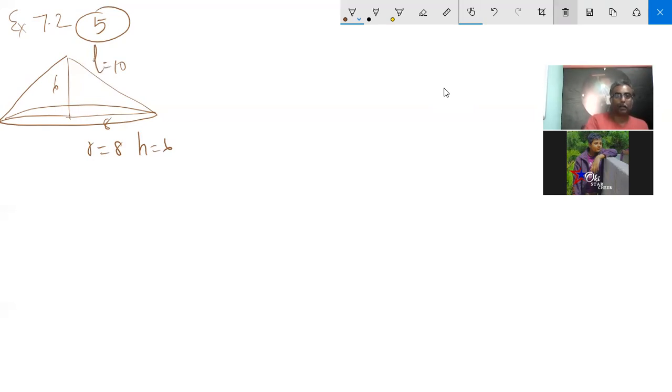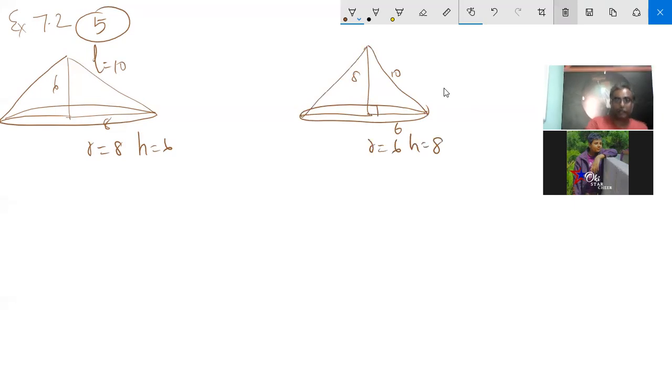Again, if you revolve it about this one, R is equal to 6, H is equal to 8, and slant height L is equal to 10, as usual.